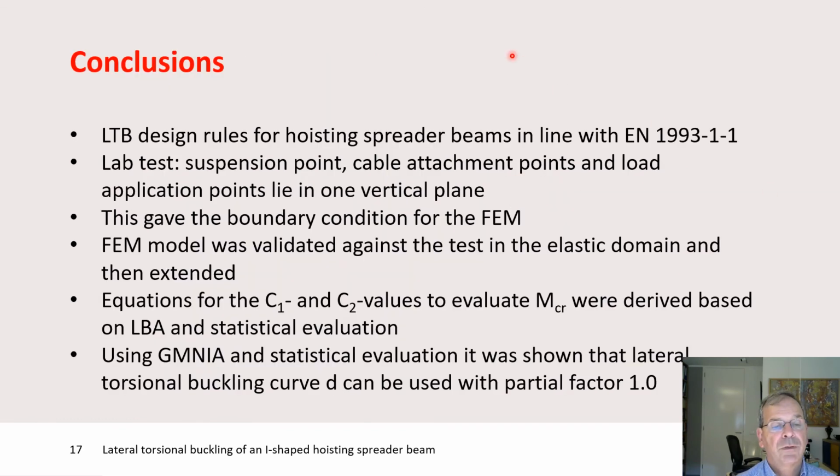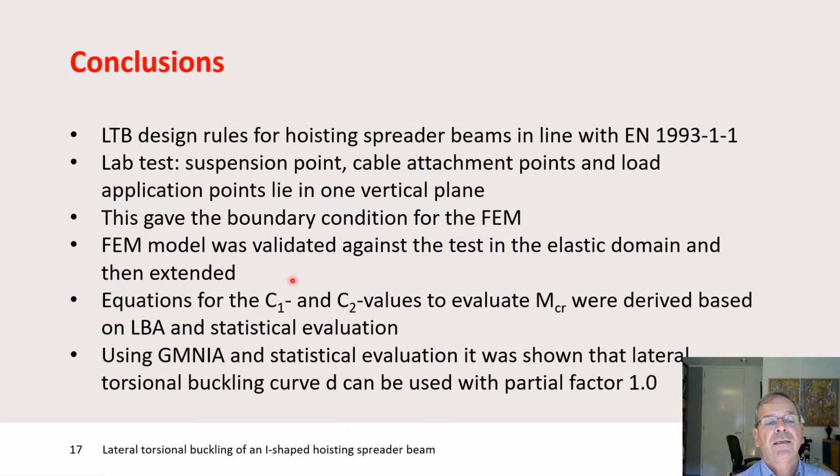Then I come to the conclusions. We did look at lateral torsional buckling design rules for hoisting spreader beams in line with the Eurocode. We did a lab test to find out that the most important points on the spreader beam all remain in one vertical plane. So this gave us the boundary conditions for the finite element method.